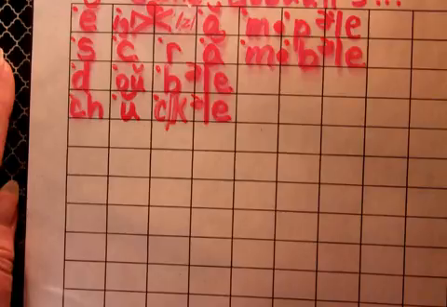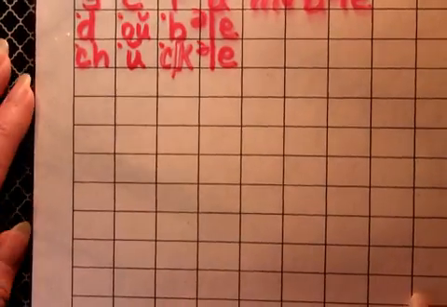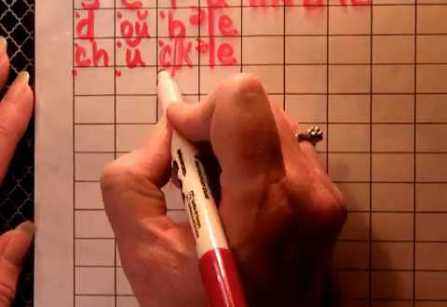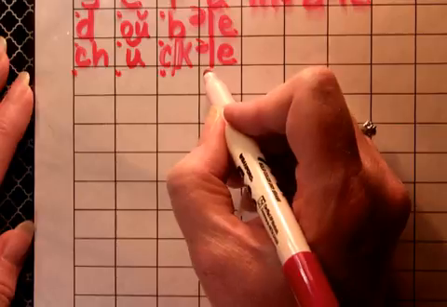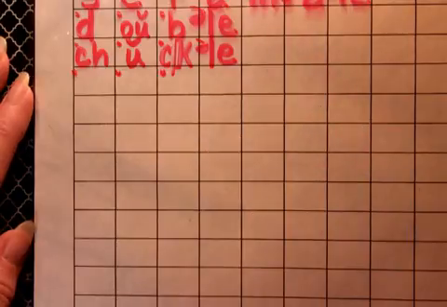Okay, the next word is beagle. I found a little beagle. It's a kind of a dog. Beagle. B-E-G-O. G-G. That letter goes down. That's a descending letter.